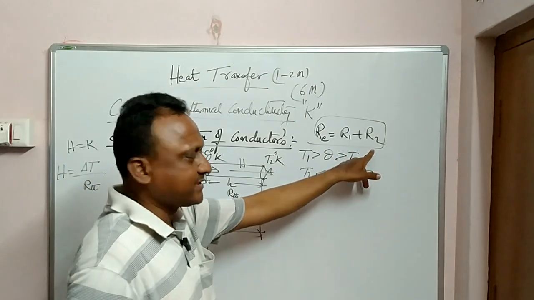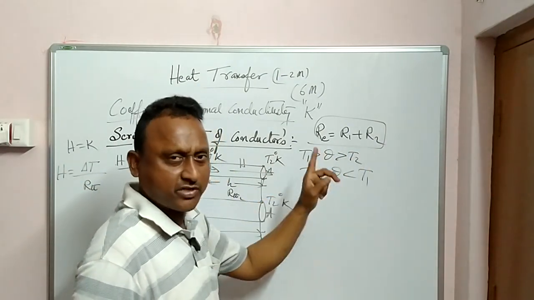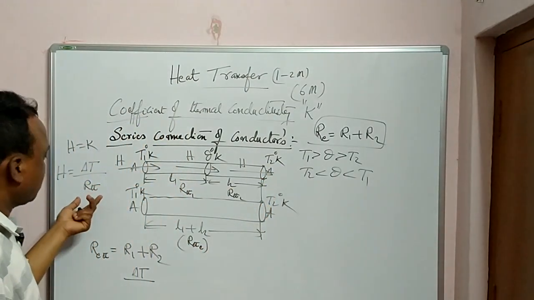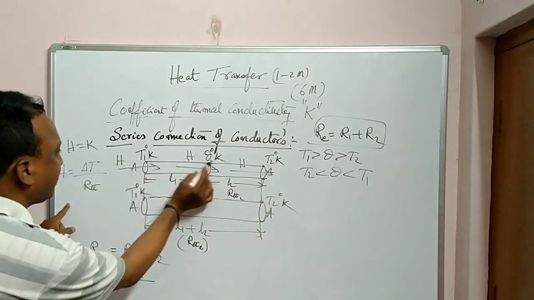In electricity also, current is constant and potential difference is varying. Here heat current is constant, so we apply this formula: delta T. For this one, what is delta T?